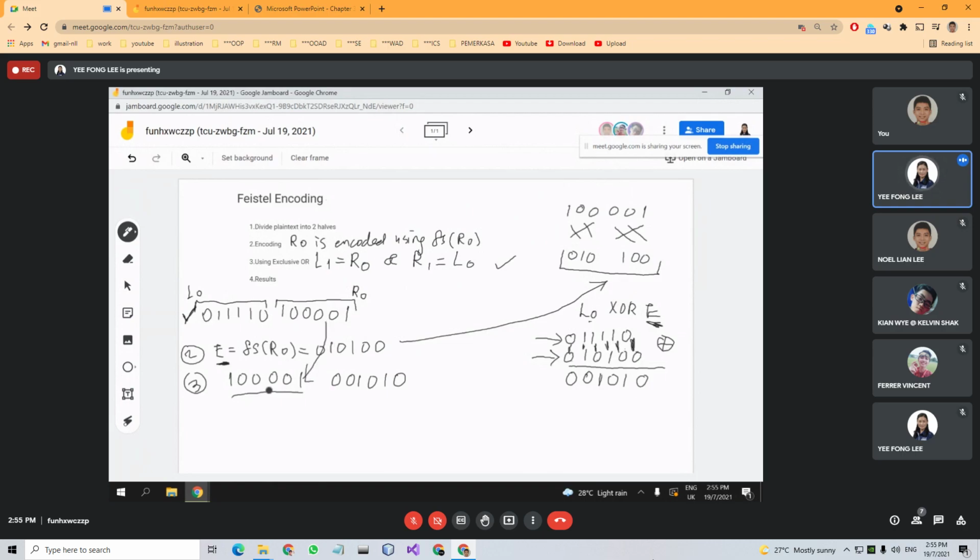Now the L1 becomes R0. You see my formula here. So this is the L1 becoming R0, so we have to replace. And the right-hand side, the result comes from our exclusive OR result. So towards the end, after encoding, our result now becomes 1, 0, 0, 0, 1.